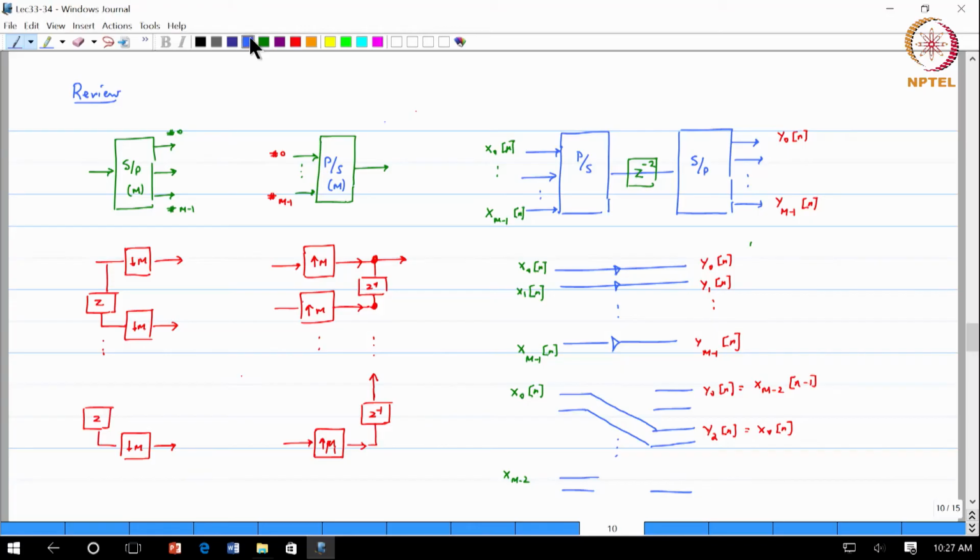So, basically there is a connection between this one and this, but we have to mark a delay on that branch, okay, when you simplify. And similarly you can verify that the last branch also comes out with a delay. Okay. So, y1 of n is equal to x of m minus 1, n minus 1.